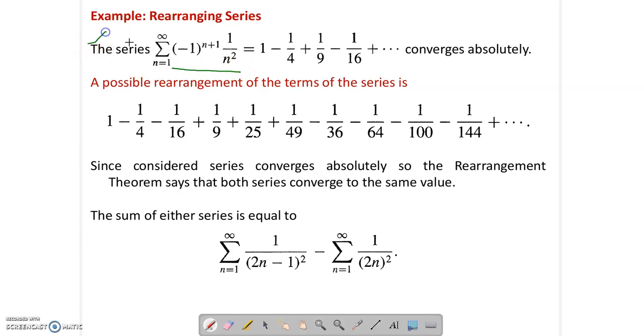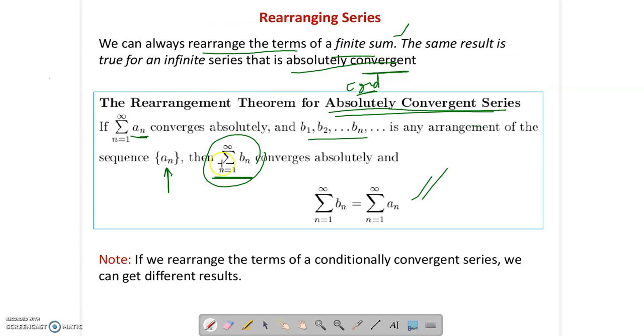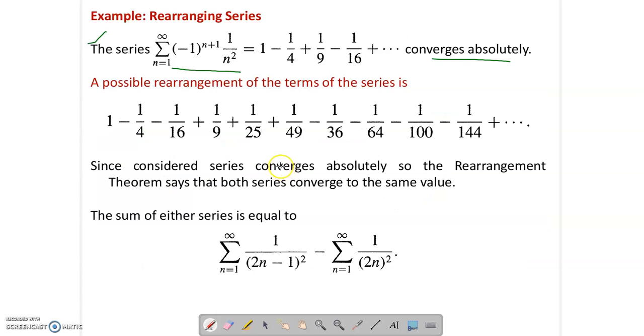So the rearrangement theorem for absolutely convergent series can be applied here. We have summation an which converges absolutely, and any other arrangement of the sequence an should also turn out to be absolutely convergent.